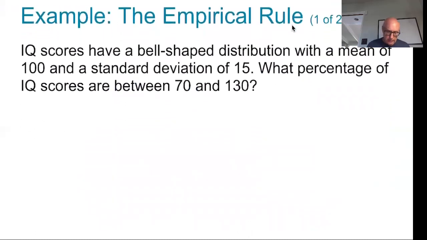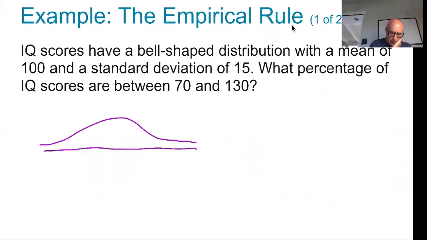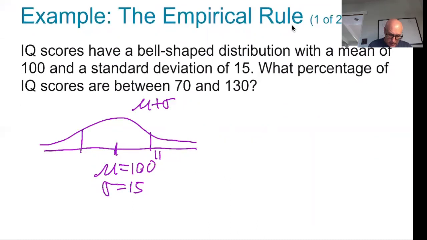Okay, IQ. Here's the picture that you're going to draw a lot in this class. We have a mean of 100. This is the population. So this is mu is 100, sigma is 15. So if I go out one standard deviation, this would be 115. If I go out one more, that's 130.